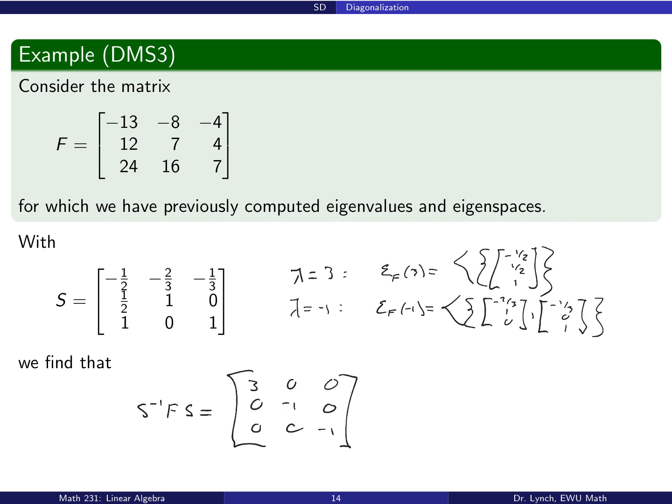We can see how the eigenvectors fit in the columns of the matrix S. And we know, actually, without even computing S inverse times F times S, that we get the diagonal matrix with the eigenvalues on the diagonal. Of course, those eigenvalues correspond to the eigenvectors in S.